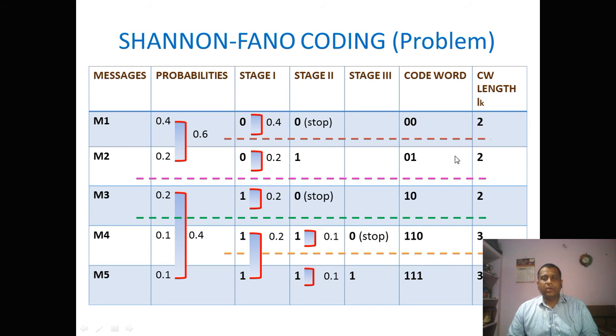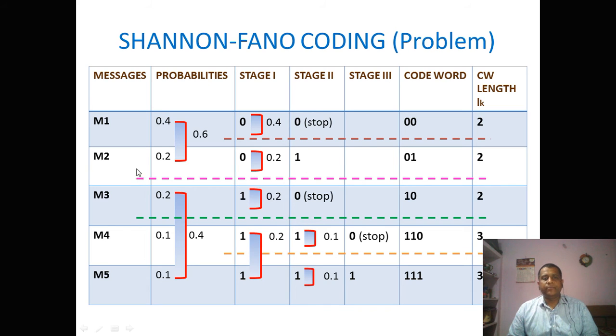In the next column, we write the code word for the Shannon Fano coding. Obtaining the code word for the Shannon Fano coding is very easy. We just add up, or concatenate, all the logical values that have been given in stage 1, stage 2, and stage 3.